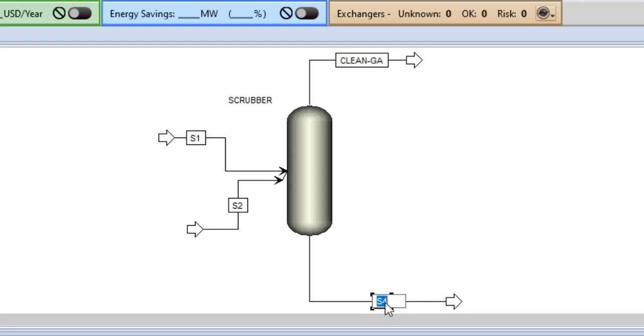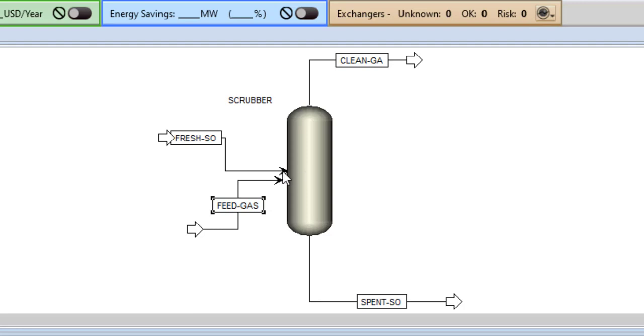And it will be called spent solvent. This will be better to be called as fresh solvent. That's better. And this will be the feed gas.